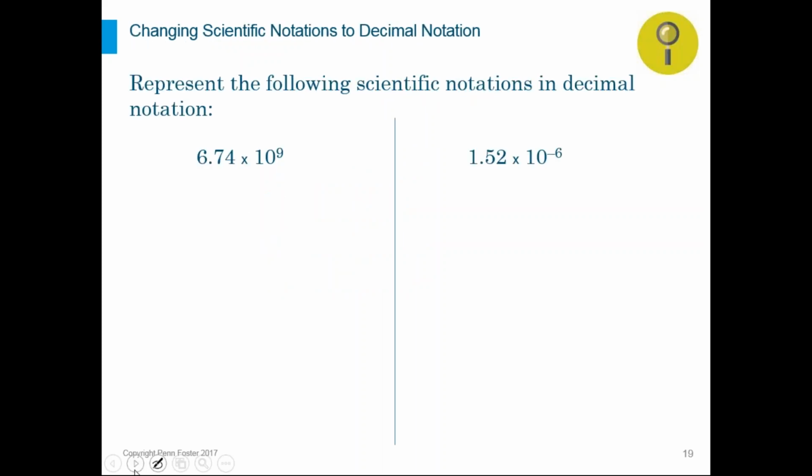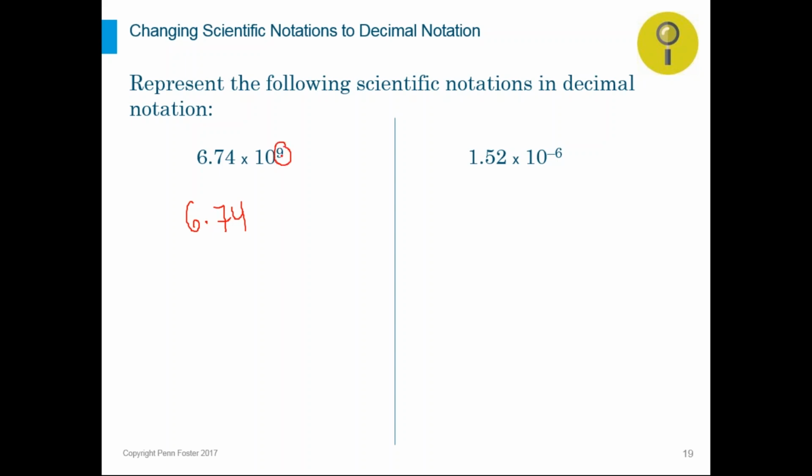Next. What if you have the other way around? You have a scientific notation and you are asked to expand that scientific notation into the decimal or numerical notation. What should I do? I'm going to do the opposite. So we're going to start with this number, 6.74, and shift or push the decimal point how many places? 9 places.